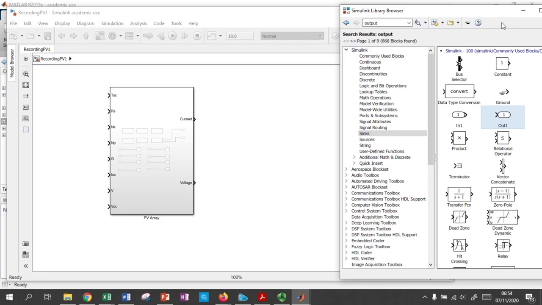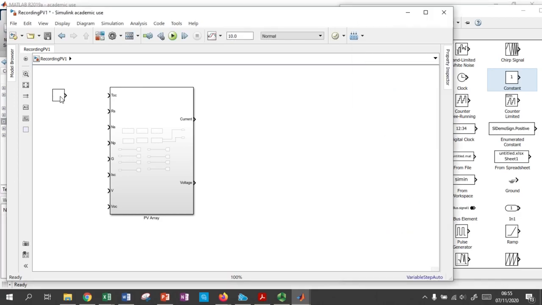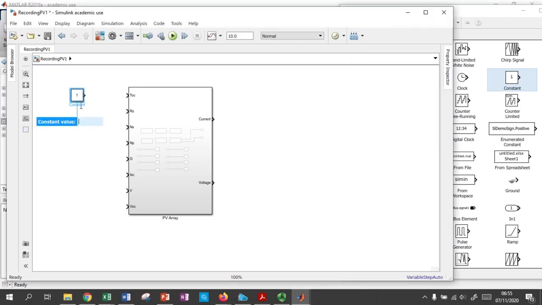Then we need to present some sources. As you can find here, there are some sources like constants. We can put it here. For the first one, TOC, we consider this one as TOC, and it is connected to the input.